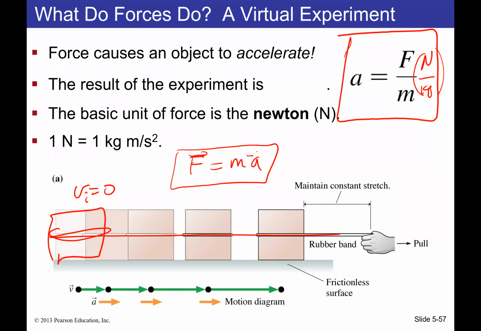So you can write it in terms of net force, because that's probably the right way to represent it as a vector, because what we're saying here is that when there's a net force, there's acceleration in the direction of the net force. That means acceleration is directly proportional to the force, in terms of the ratio of force over mass, and also it always has the same direction as the net force.